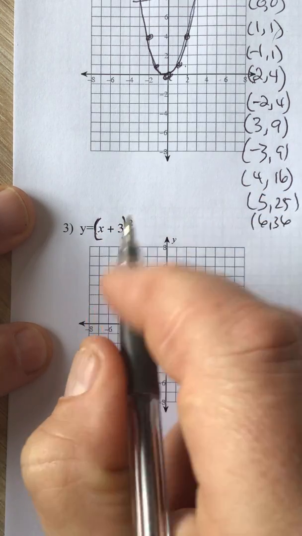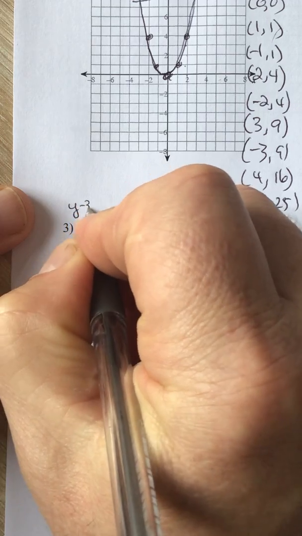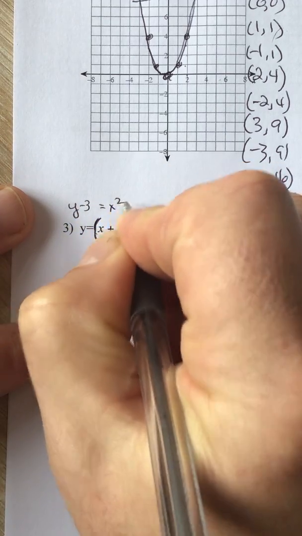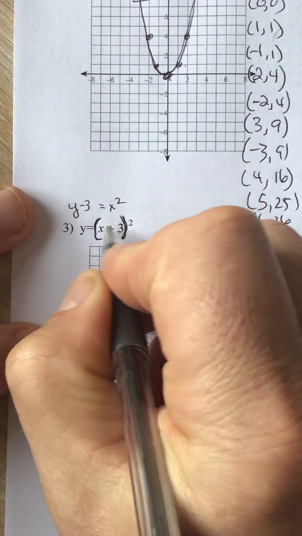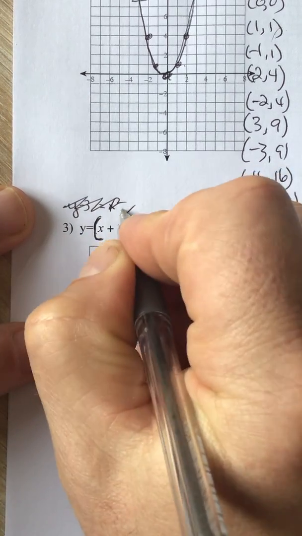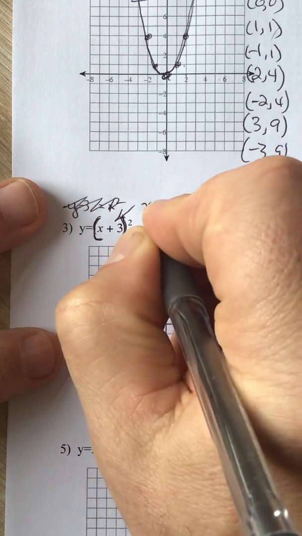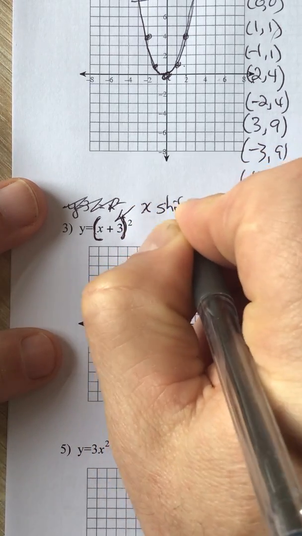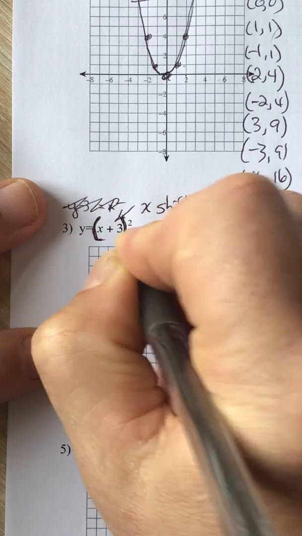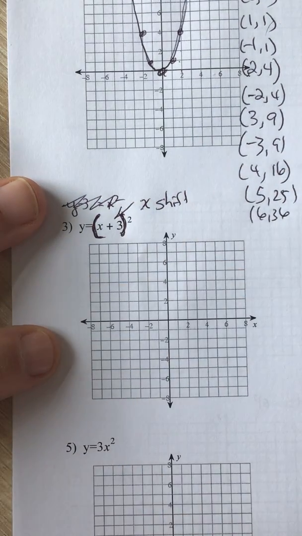So you're not allowed just to subtract 3 and put that 3 over there with the y. That would not be a legal step because you would have to square root both sides first. So this one right here has been captured by the x. That's some kind of an x shift because the x is holding it. If it's not captured by the x, then it belongs to the y.